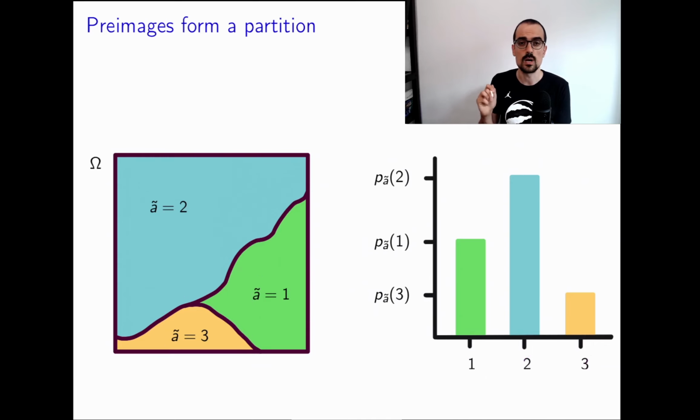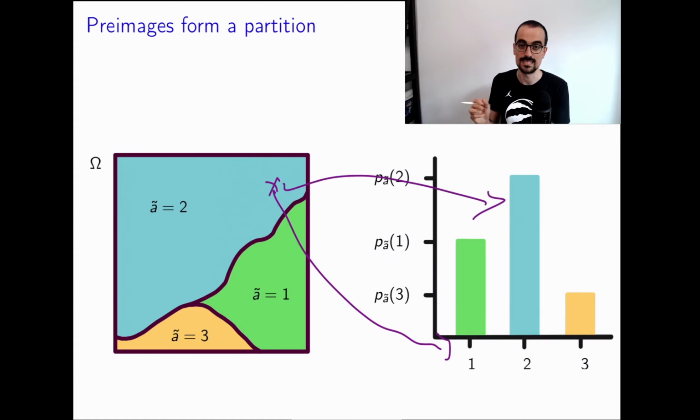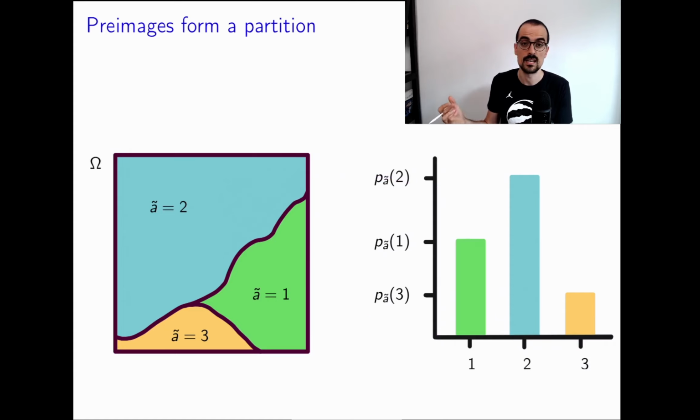It's not difficult to see why they need to be disjoint: if the random variable is a function, it cannot map the same outcome to two different values, right? An outcome is either mapped to 1 or to 2. It cannot be mapped to both at the same time. This implies that these events have to be disjoint.